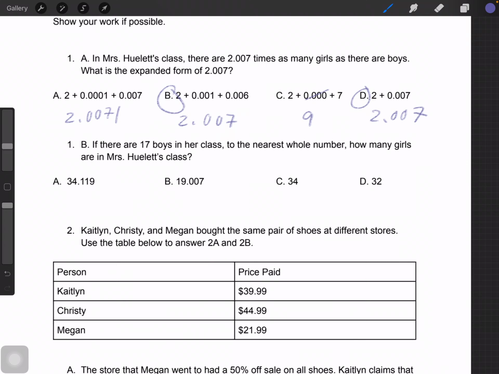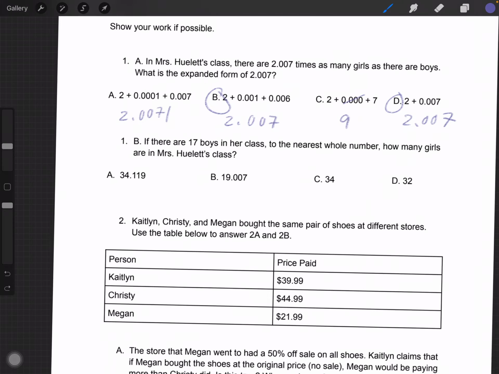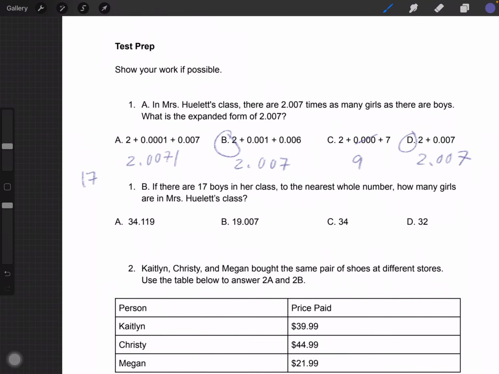B asks, if there are 17 boys in her class, to the nearest whole number, how many girls are in Miss Hewlett's class? Using this information now, because it's both question 1, you can use both pieces of information. It says there are 2.007 times as many girls as there are boys. So you want to take the 17 boys and multiply it by the 2.007.